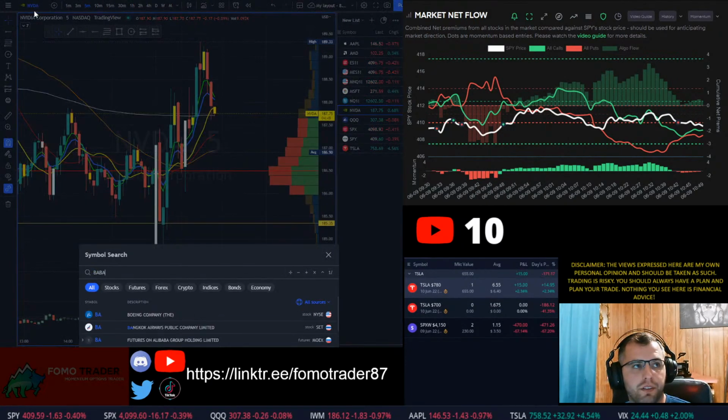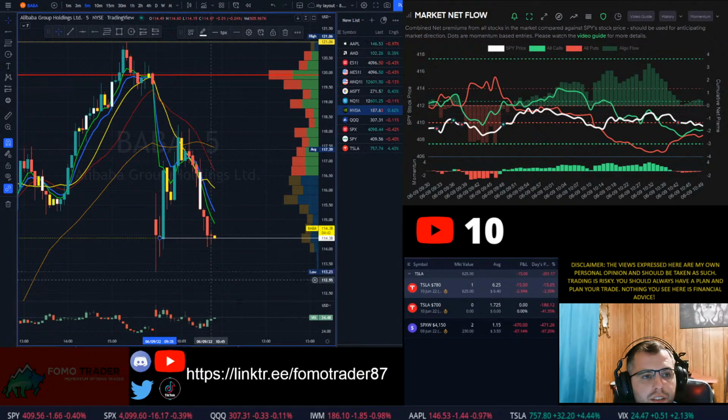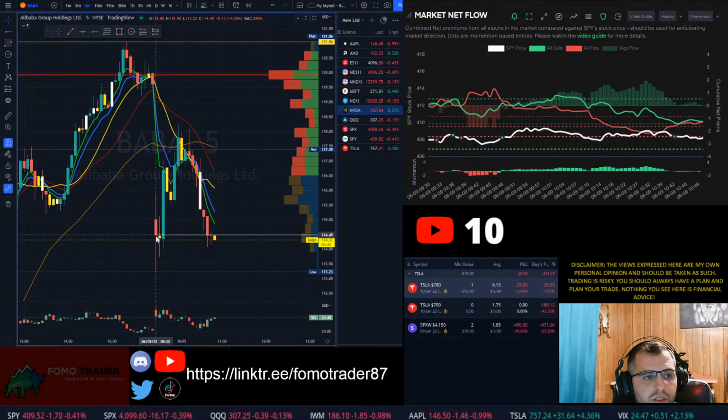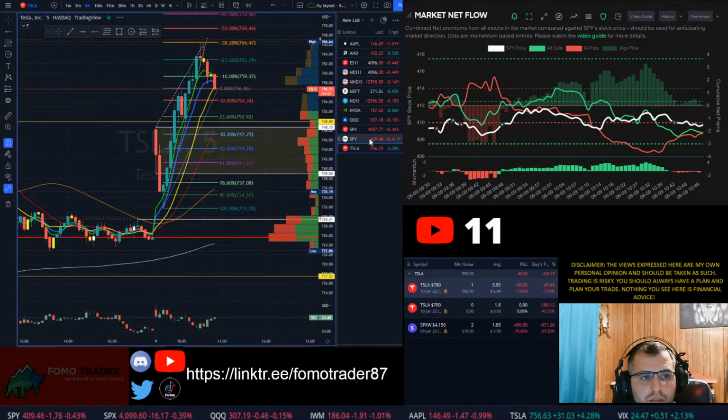Let's see what Baba's doing. Baba is currently holding support, but looks like it's moving down now with the rest of the market.